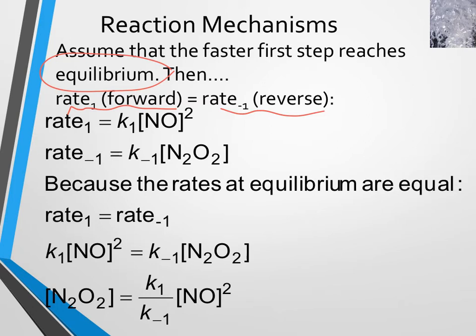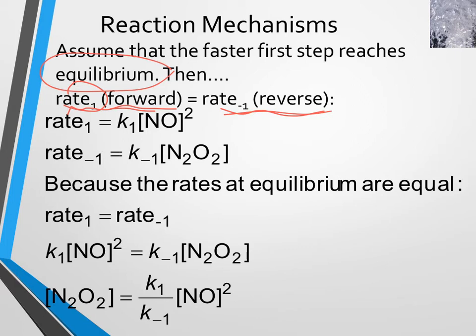So it's not saying anything about the amount of product or reactant. It's talking about rate, how fast the forward reaction is going. So clearly this would be a reversible reaction if there's a reverse rate, and the formation of the product and the destruction of it are occurring at the same rate.